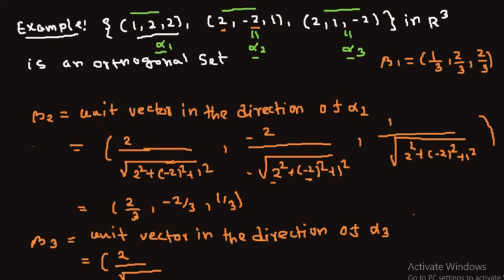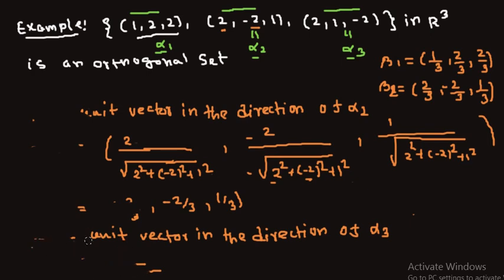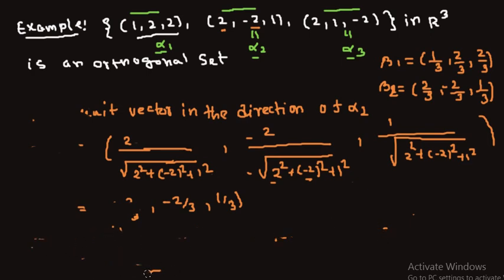First of all, let me write here, otherwise we will forget: beta 2 is 2 by 3, minus 2 by 3, and 1 by 3. Let me quickly erase this part and find the unit vector in the direction of the vector alpha 3.